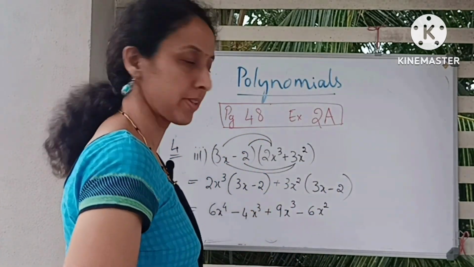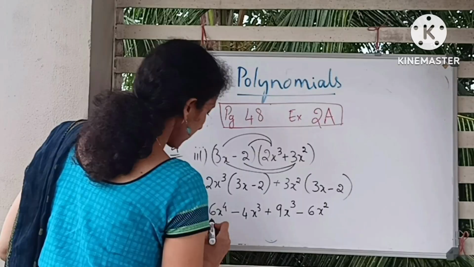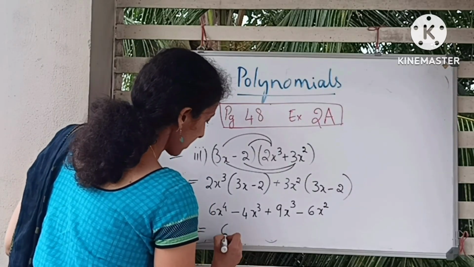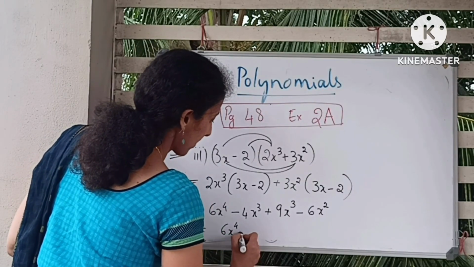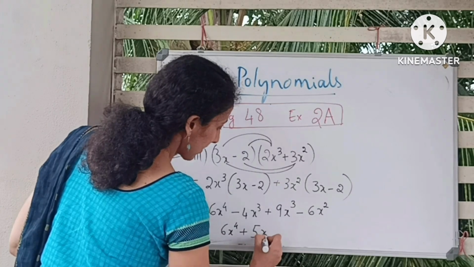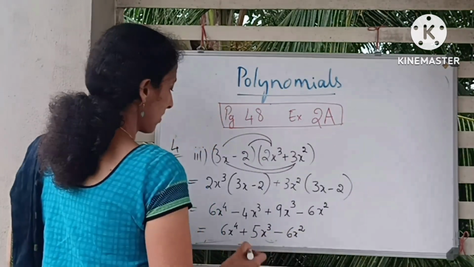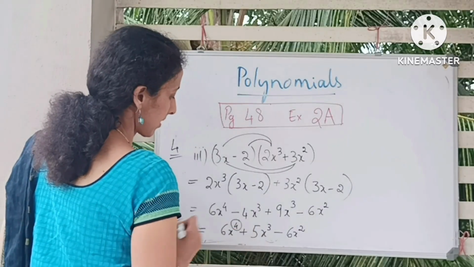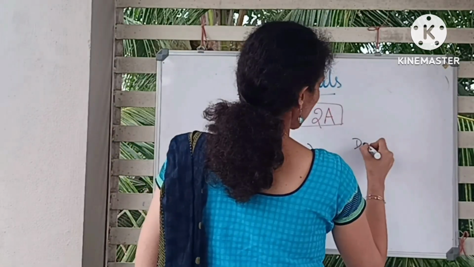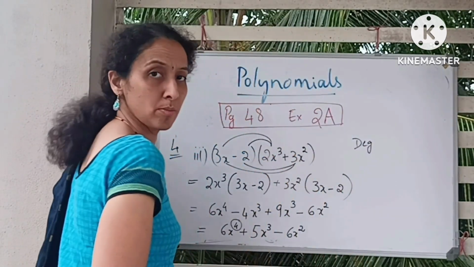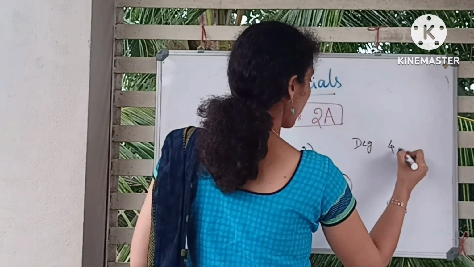If we further simplify, we get 6x to the power 4 plus 5x cube minus 6x square. So the highest power here is 4, therefore the degree of this polynomial is 4.